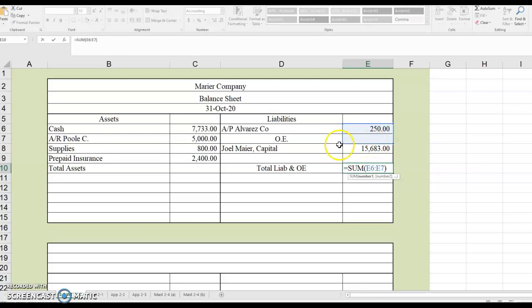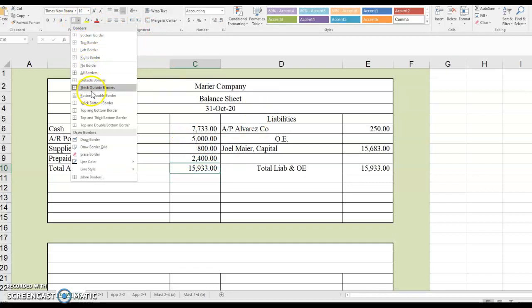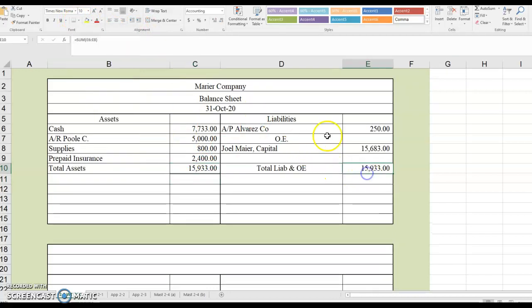I want to drag that down. Okay. And same thing over here. Auto sum. So both sides should be equal. And for the proper sake of accounting, we should have a double underline underneath. Okay, so that's how you do your balance sheet.